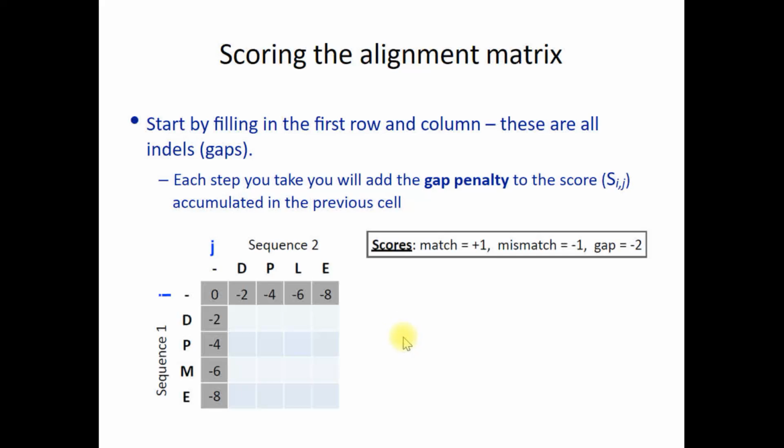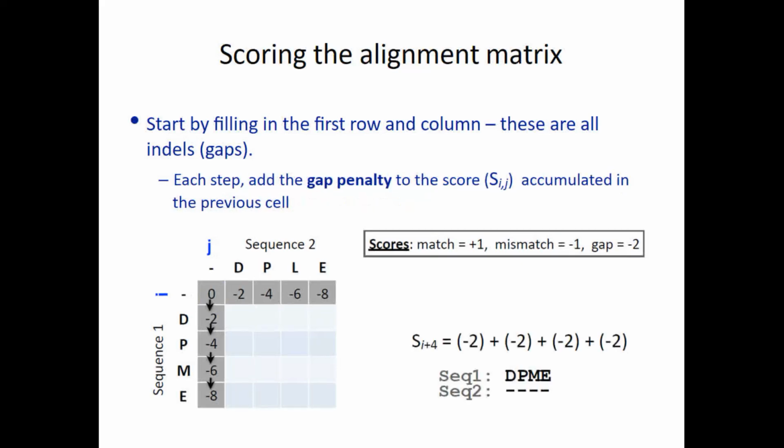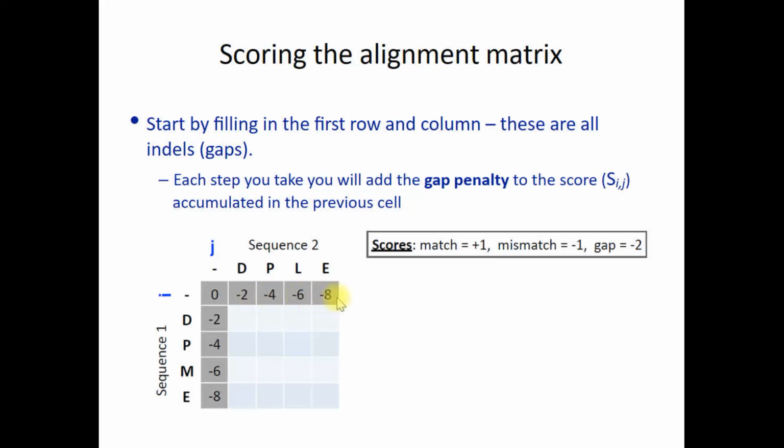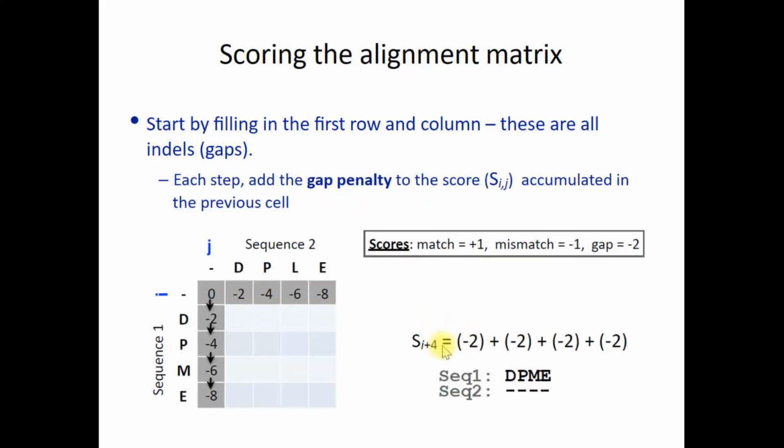Okay, let's start our alignment process. It always starts from the upper left corner cell, and the score always starts with 0. If we go from left to right, it corresponds to a gap with length 1, 2, 3, 4, and the score is equal to the sum of those gaps, or the gap penalty times the length of the gap.